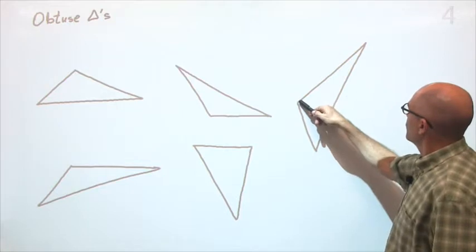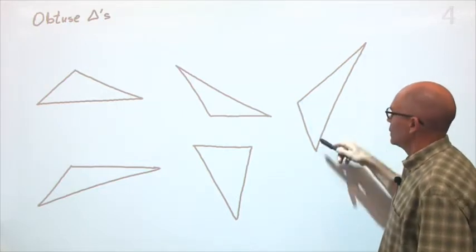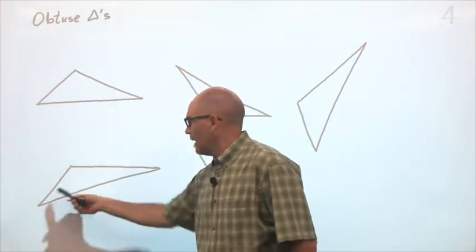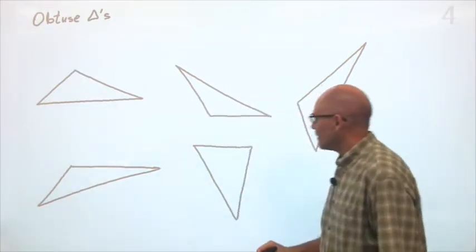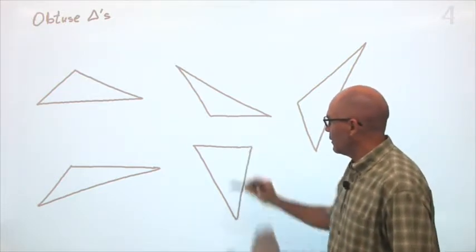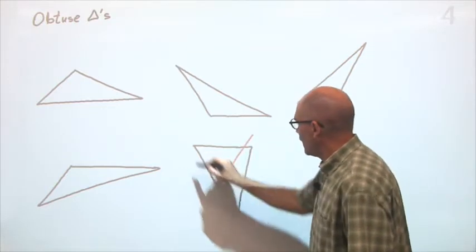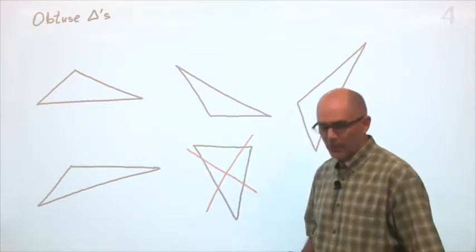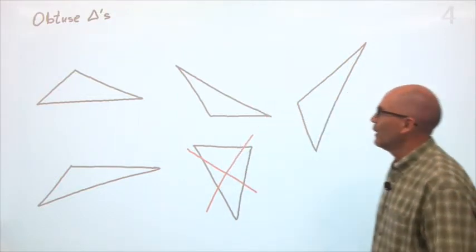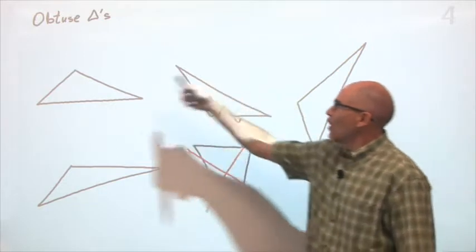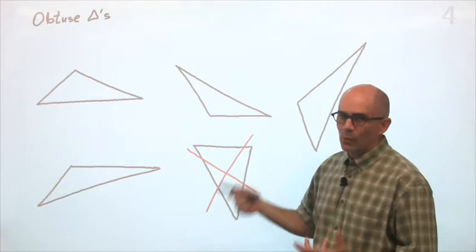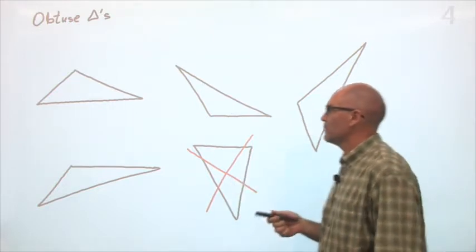And here's an obtuse and other two acute. And here's an obtuse angle, just barely. And these are acute. But here, there is no obtuse angle. So this is not an obtuse triangle. So these four are obtuse triangles. You need exactly one obtuse angle to make an obtuse triangle.